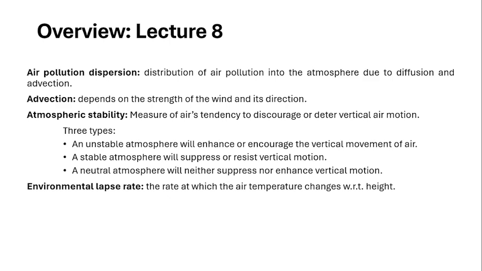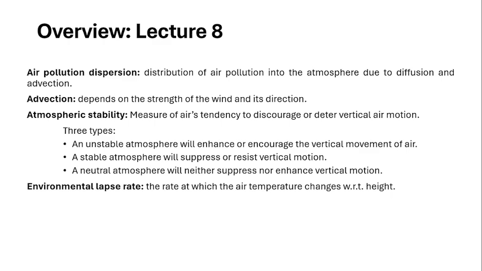So coming to lecture 8, it is dealing with the pollutant impacts only. First is air pollution dispersion. As we discussed, one of the methods to reduce the impact of pollution is dispersion. This dispersion is mainly going to reduce the gaseous pollutant distribution of air pollution in the atmosphere due to diffusion and advection.